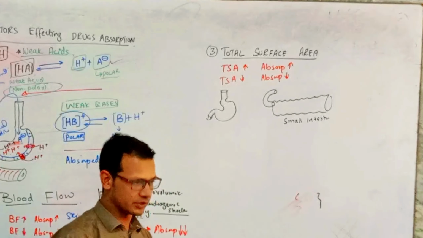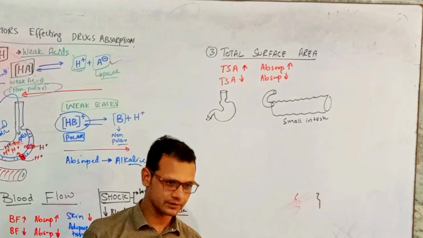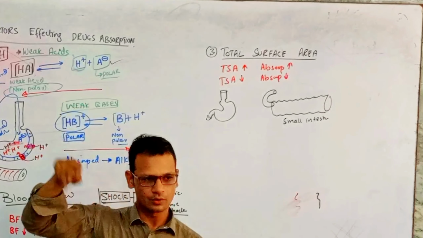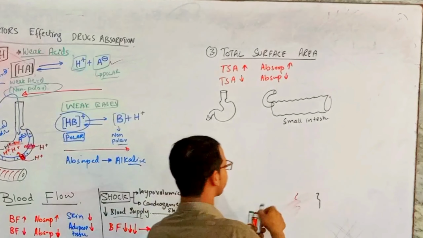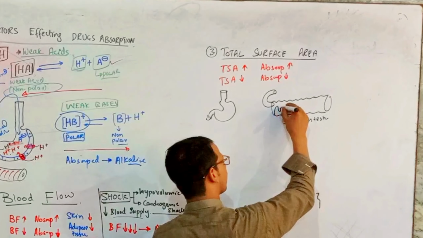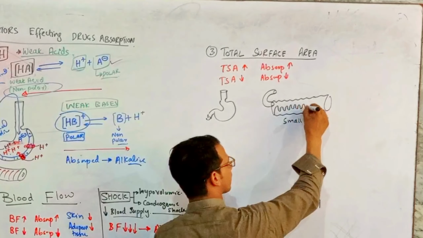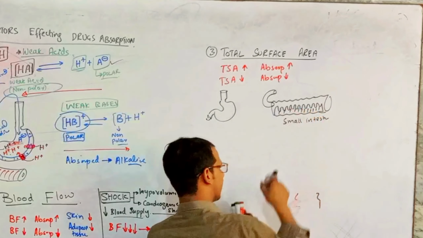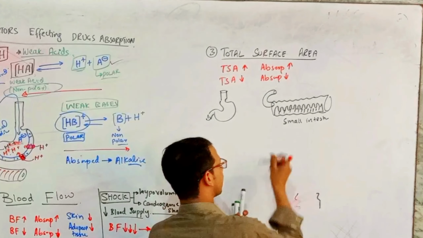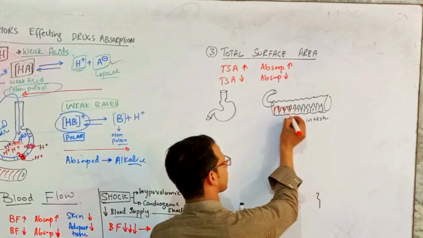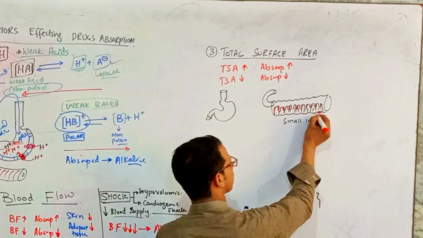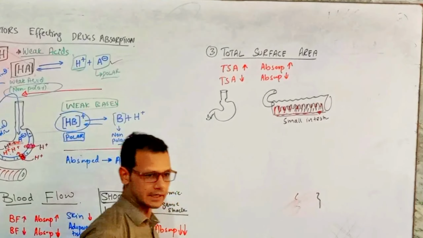In the small intestines we have 1000 folds of microvilli, and every villus has a very rich blood flow, right?